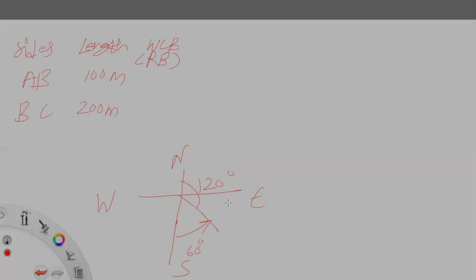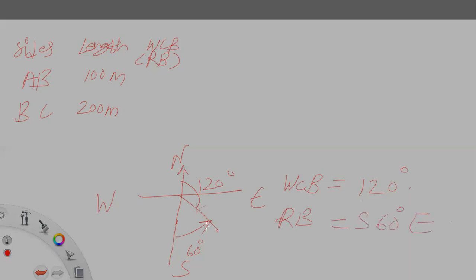After that, what will be your reduced bearing? This is in the clockwise direction. Your whole circle bearing for this is 120, measured clockwise from the north. The reduced bearing for the same thing will be south 60 degrees east.